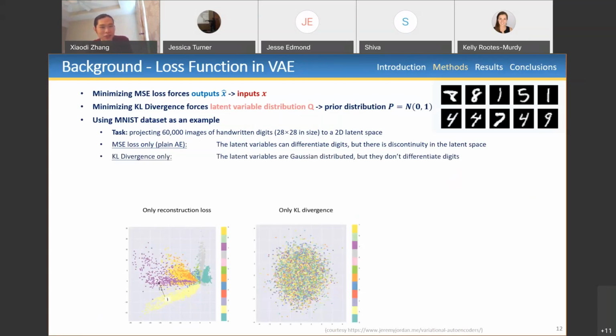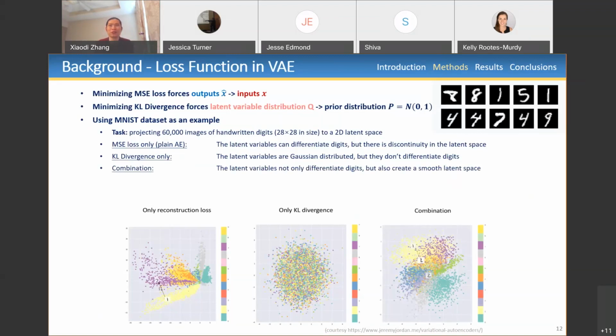If you train it using only the KL divergence, then everything becomes perfectly Gaussian distributed. But this time, none of the digits can be differentiated because everything is mixed together, and this is not ideal.